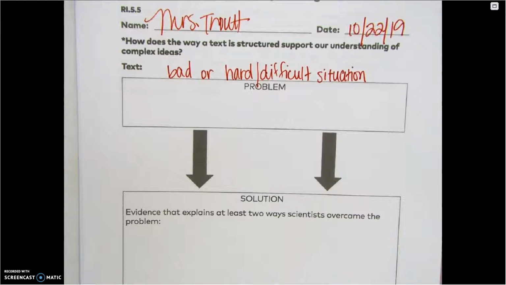Okay, so with every problem, there's a solution. So how would you define solution? If a problem is something that's difficult, or maybe something bad happened, what would the solution give us? Cordarius.